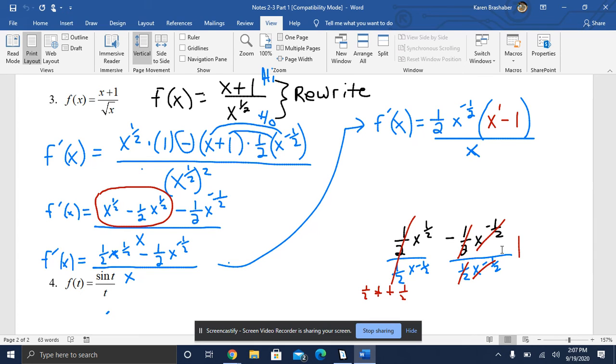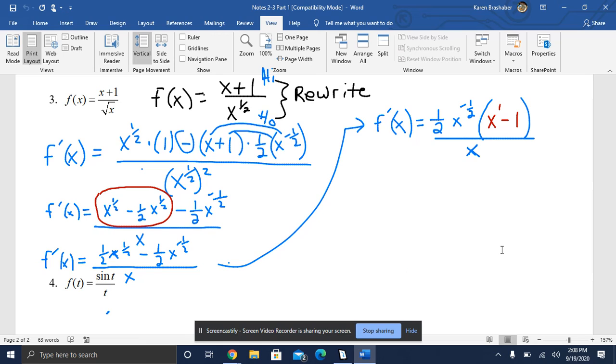So we're almost there. I'm going to erase this work down here. But if you need to go back, you can take a look at it in the video again if need be. Your last step is to get the x to the negative 1/2 to move to the bottom.